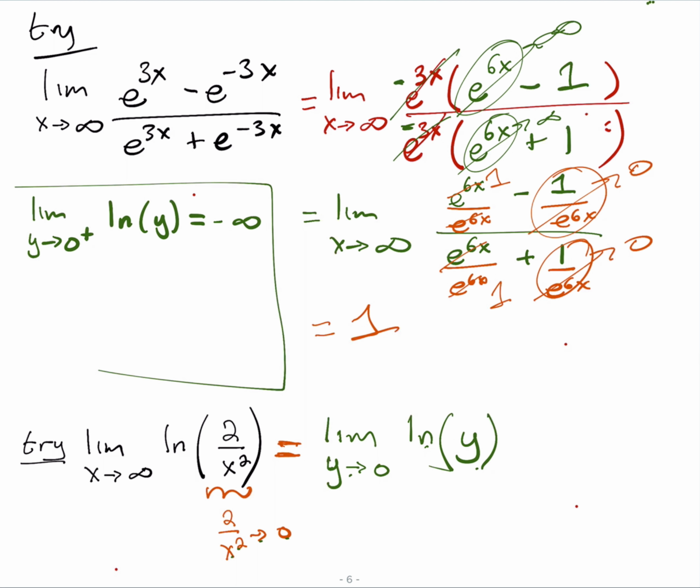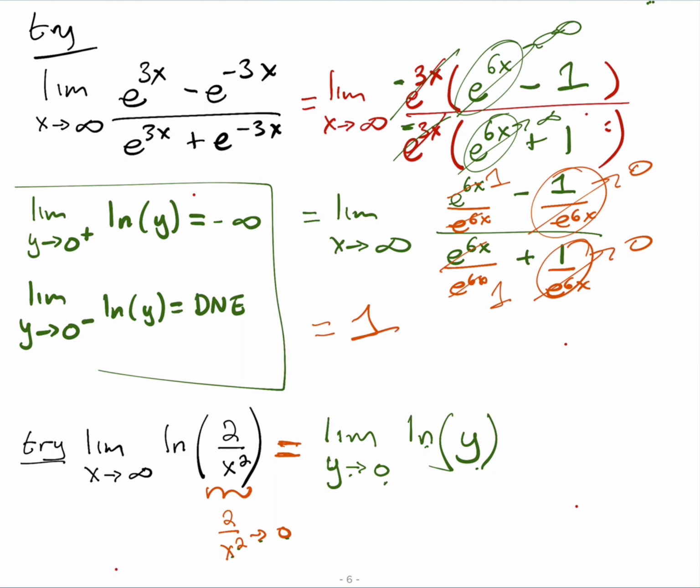Negative infinity. But if you do the limit as y approaches 0 from the left, this does not exist. So does this have to be double-sided or one-sided? One-sided, exactly.